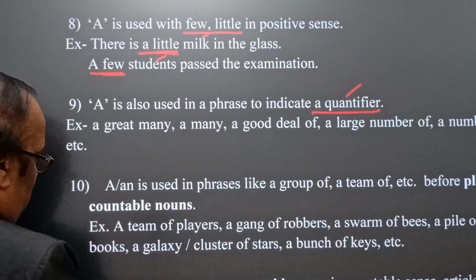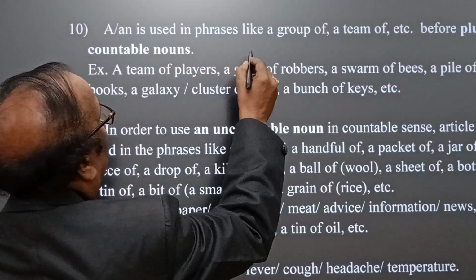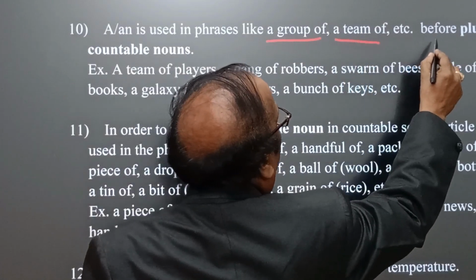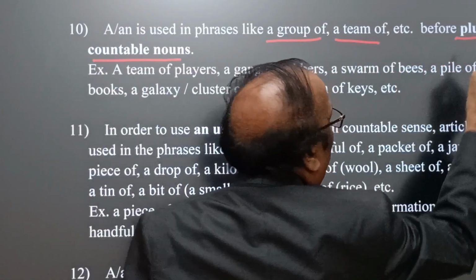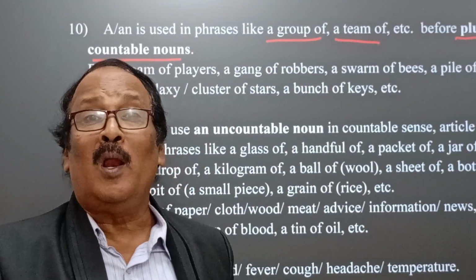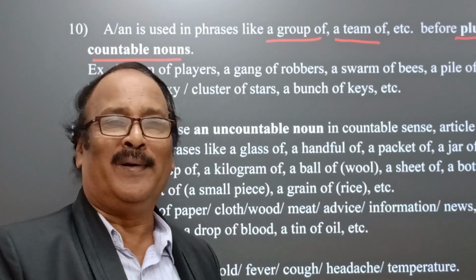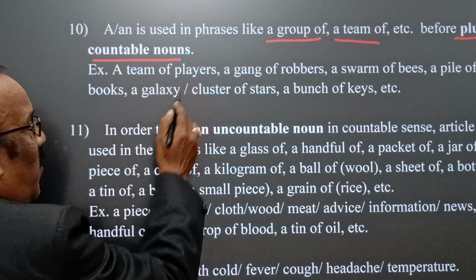Now come to the next idea in this connection, that "a" or "an" is used in phrases like a group of, a team of, before plural countable nouns. Naturally, before plural countable nouns, "a" or "an" cannot be used. Find a team of players.